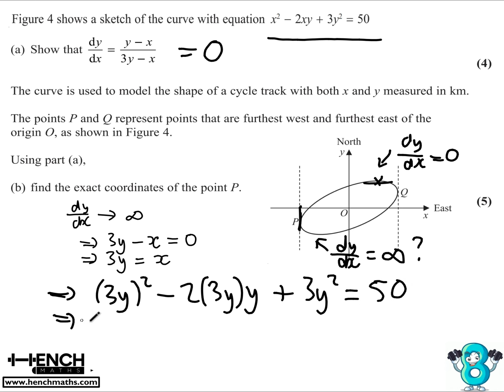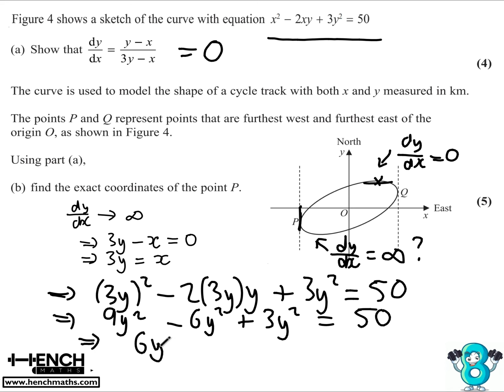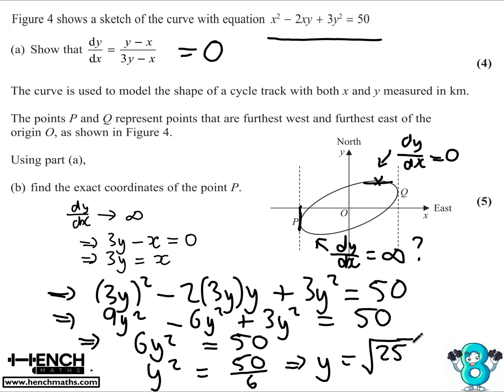This gives us 9y squared subtract 6y squared plus 3y squared is equal to 50, which means 6y squared equals 50, so y squared is 50 divided by 6, and so y is the square root of 50 over 6, which is the square root of 25 over 3.